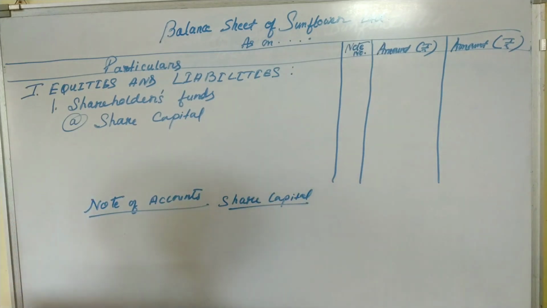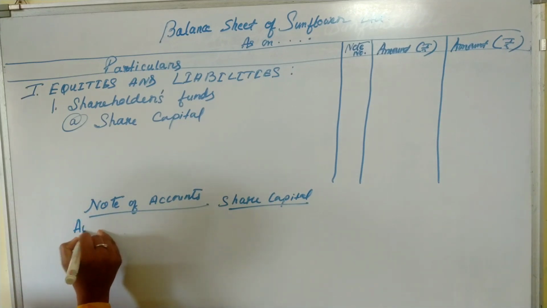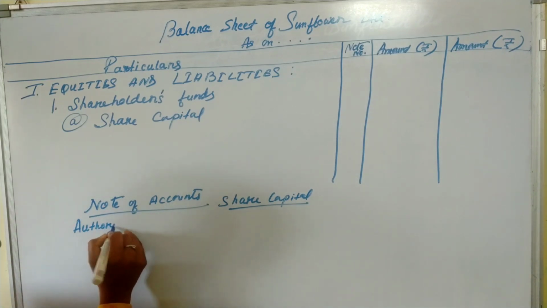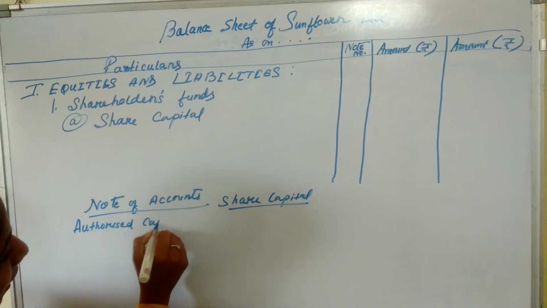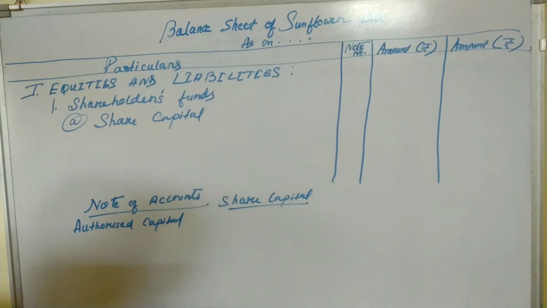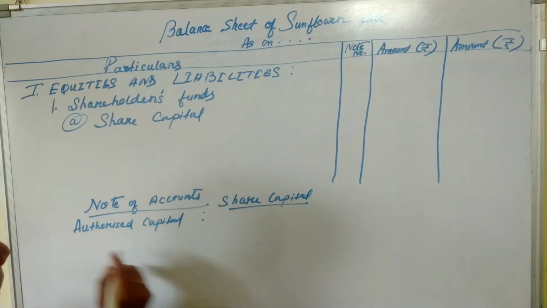Now see, first of all we will write the authorized capital. In our question the authorized capital is 50,000 equity shares of 10 each, that is 5 lakh.